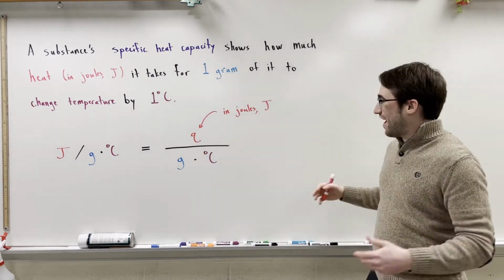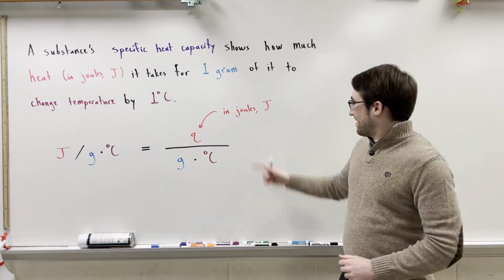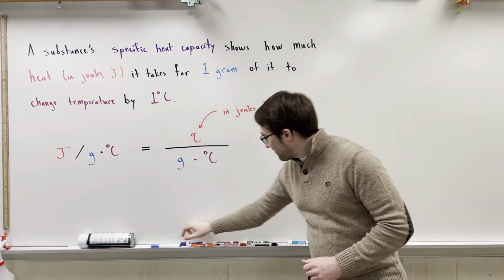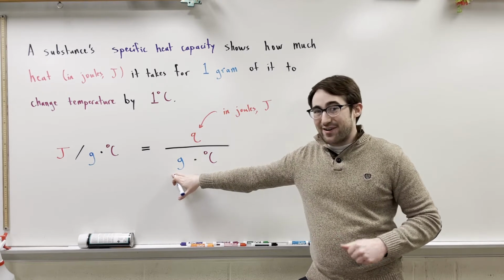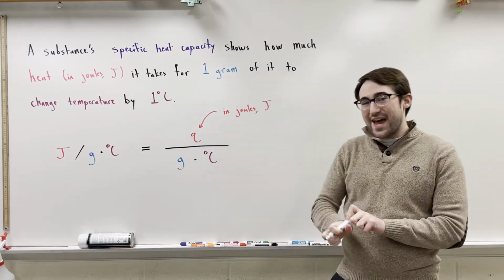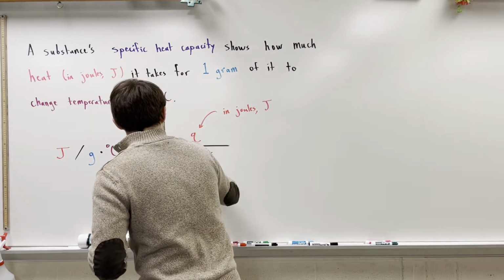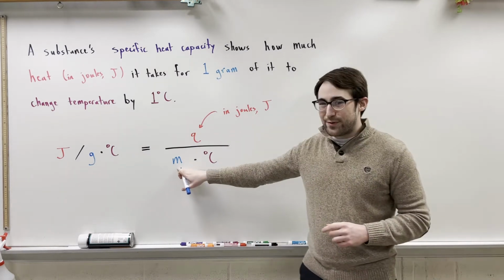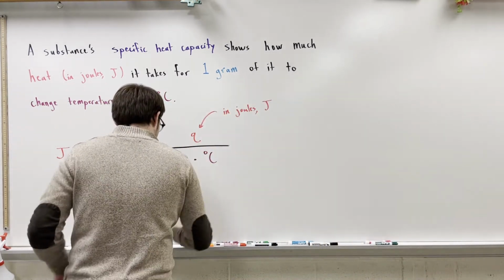Okay, so if I knew how much heat was being absorbed or released by something, I would plug in that number of joules in place of Q. My grams down here is mass. We tend to use an M to represent mass. All right, so there's my variable for mass. My units there.